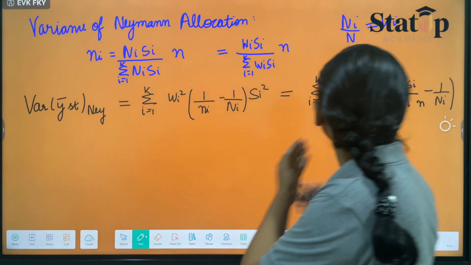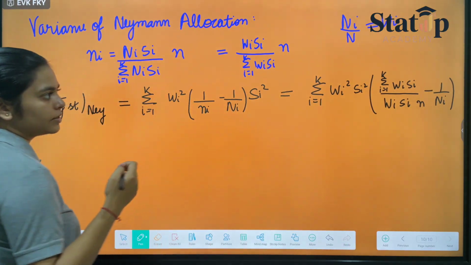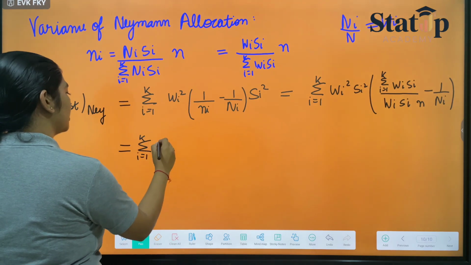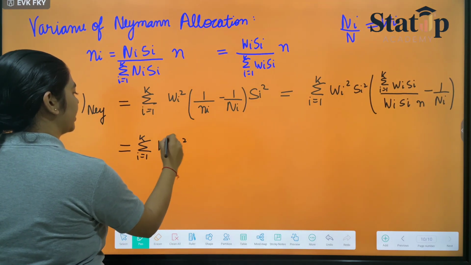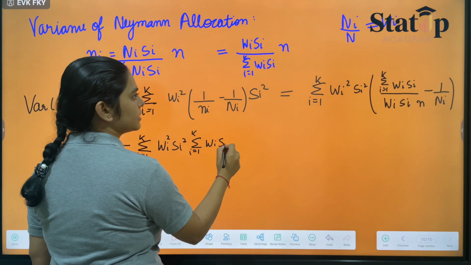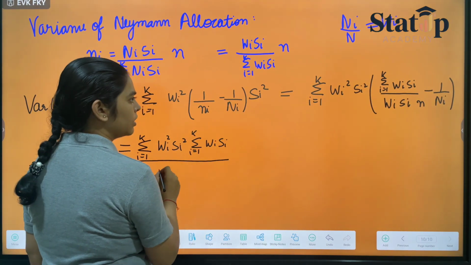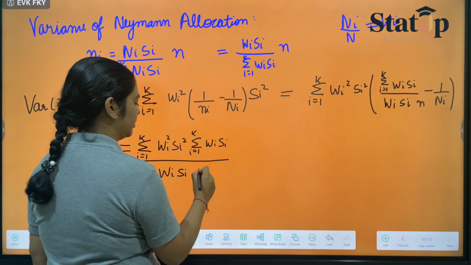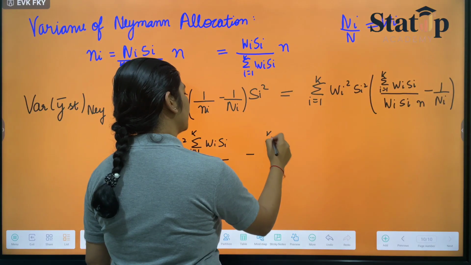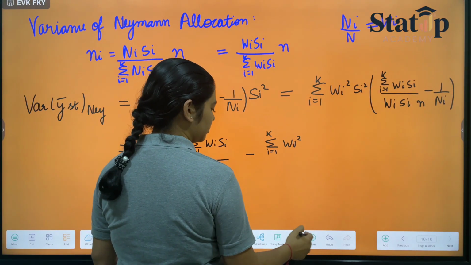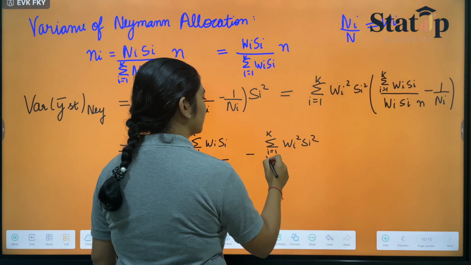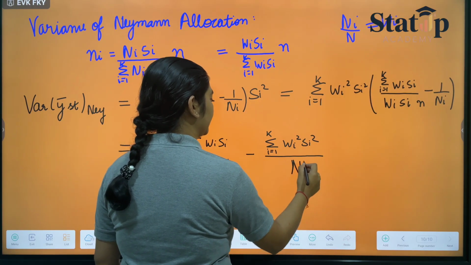Now taking summation WiSi square inside, we will get summation i goes from 1 to k WiSi square into summation i goes from 1 to k WiSi upon small n minus summation i goes from 1 to k Wi square Si square upon capital Ni.